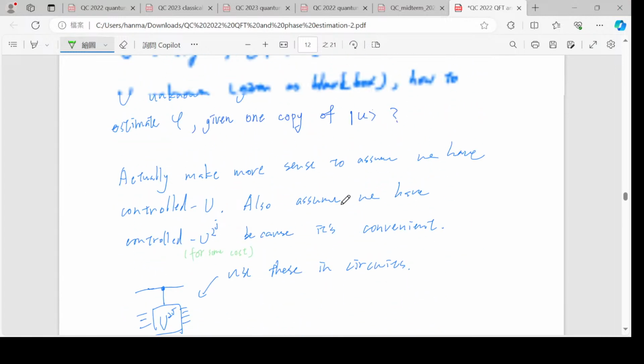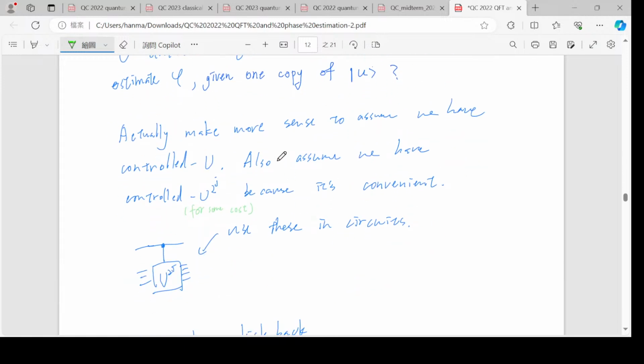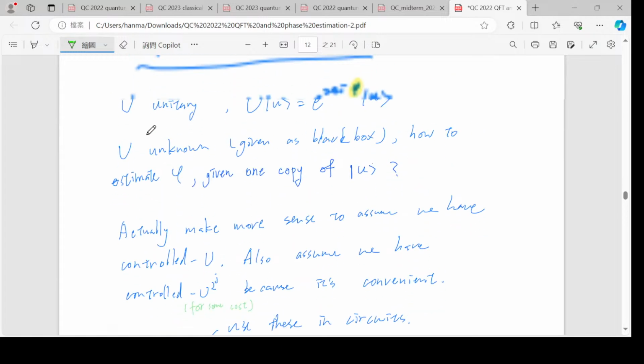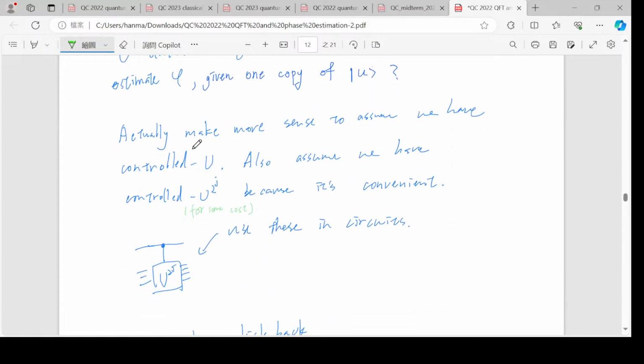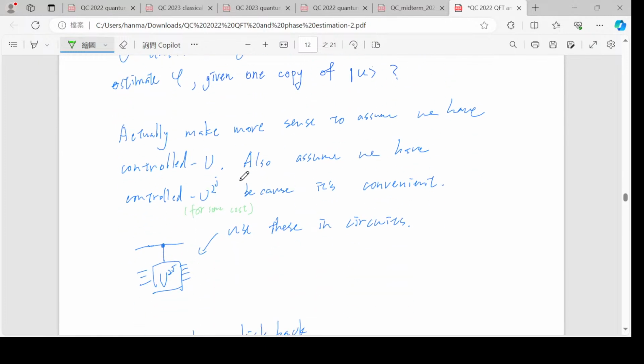But actually the setup is a little different from what we described here. If you just have those, it's pretty hard to do. So instead of having U as a black box, we want to have controlled U as a black box.